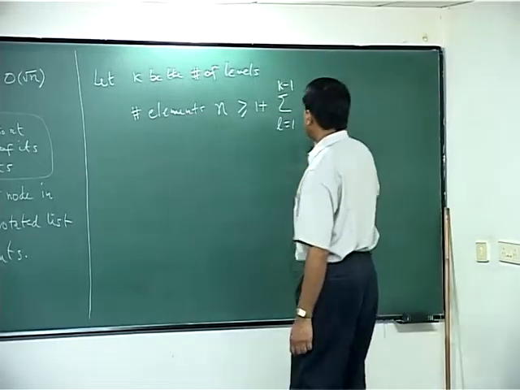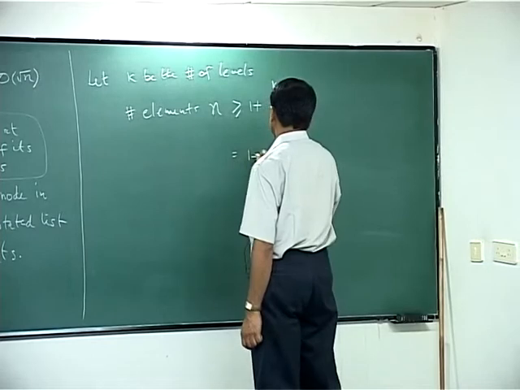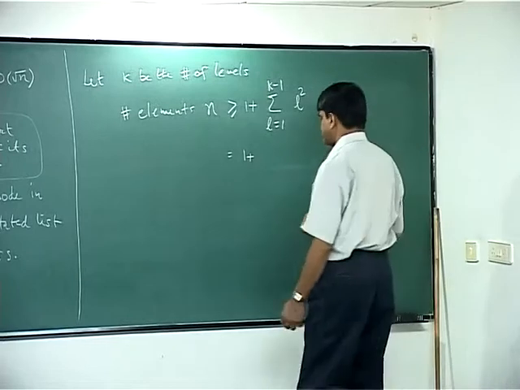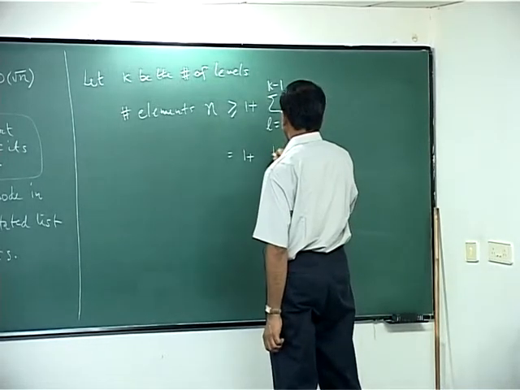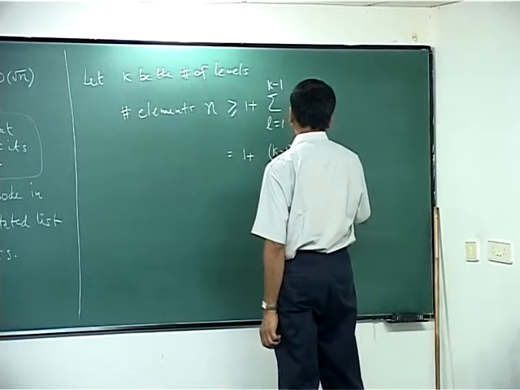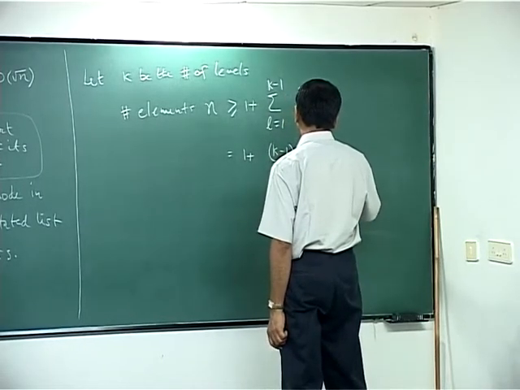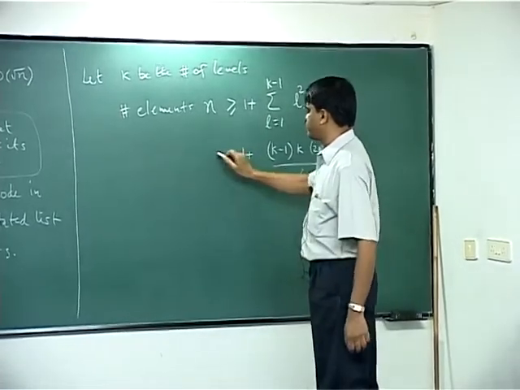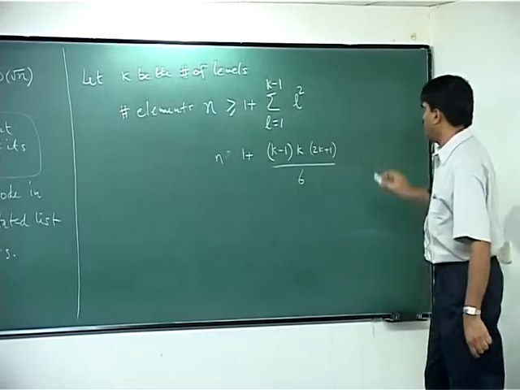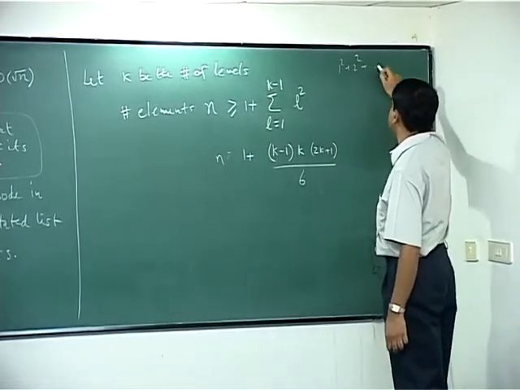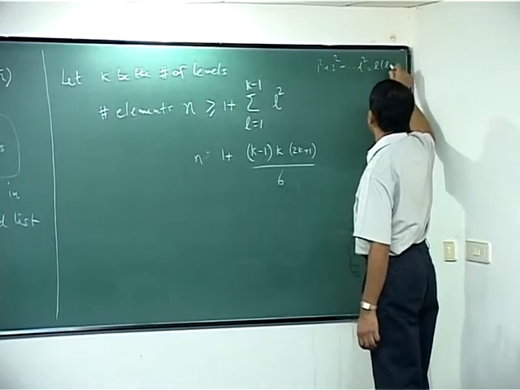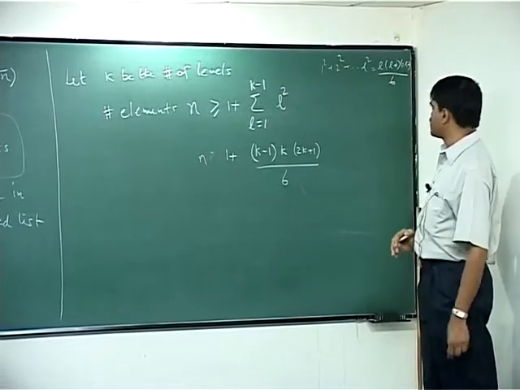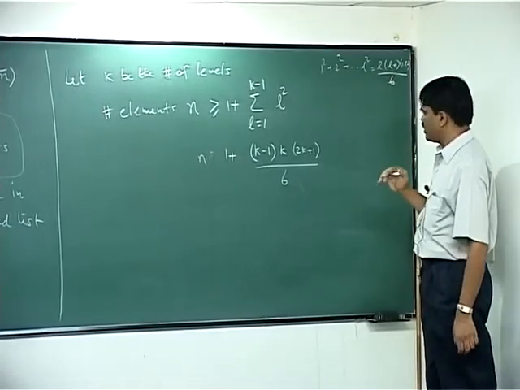So, do we have a formula for this? 1 to k minus 1. So, it is 1 square to L square, right? That's what I am using. So, k minus 1 into k into k plus 1 over 6.